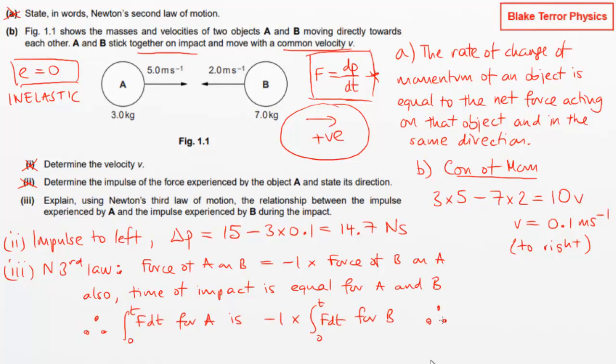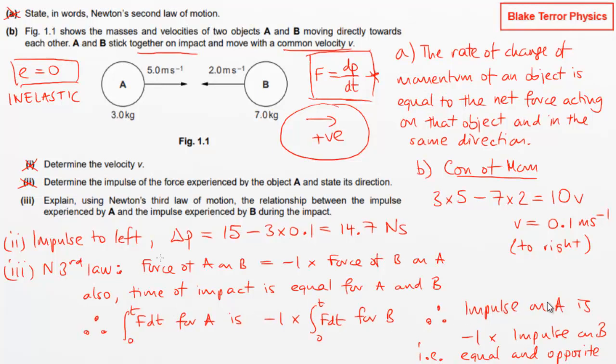So that was a therefore off of the previous two statements. And then we got another therefore, because the change of momentum for A and B is equal to these integrals. So the impulse on A is -1 times the impulse on B, i.e. they are equal and opposite. So that equal and opposite is just flowing all the way through this.